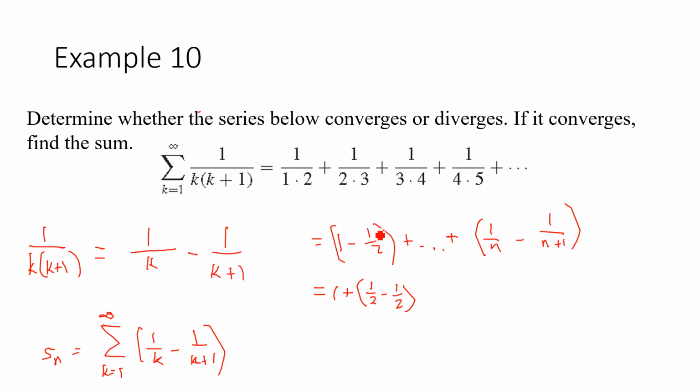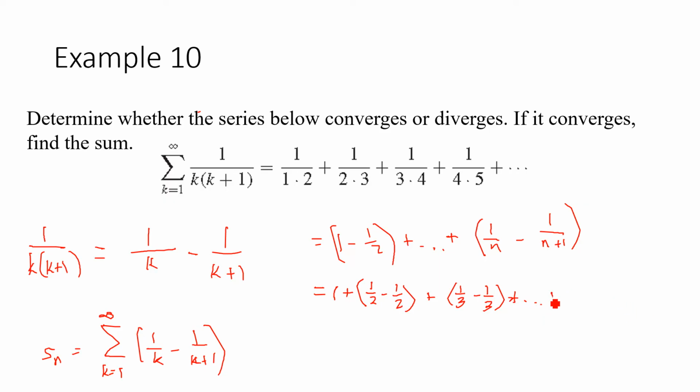What remains is, here you have negative 1/3, but you have positive 1/3 in the next term, so you could have 1/3 minus 1/3, and so on up to the sequence.